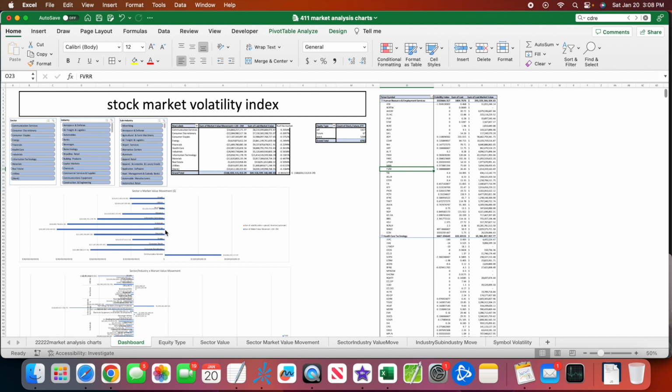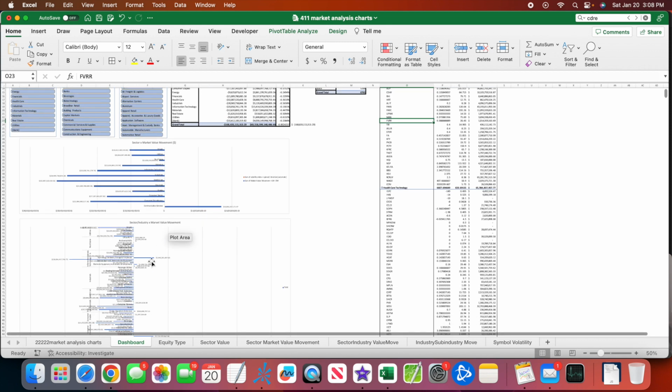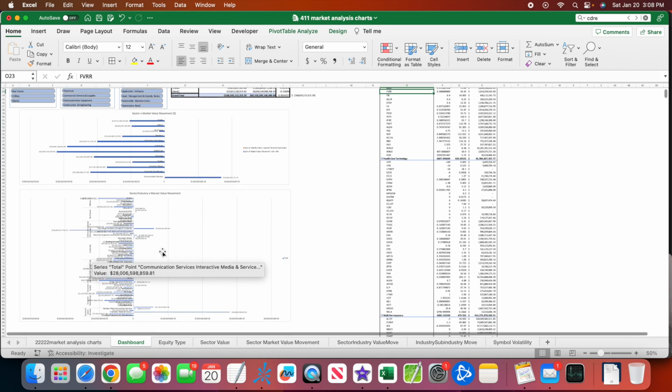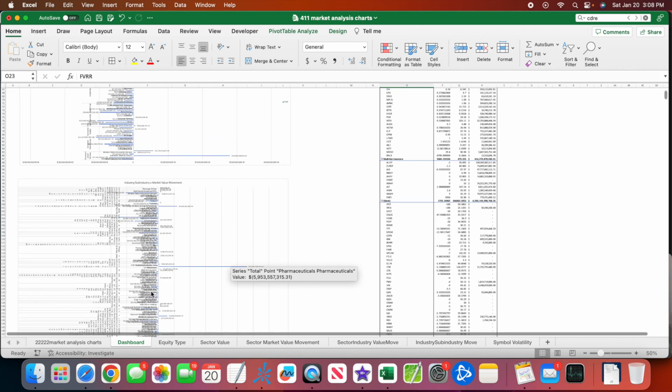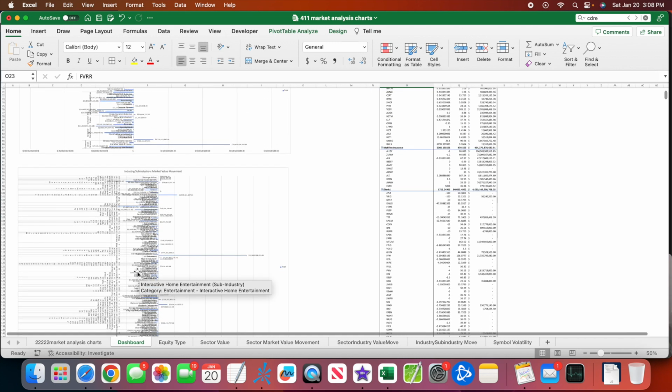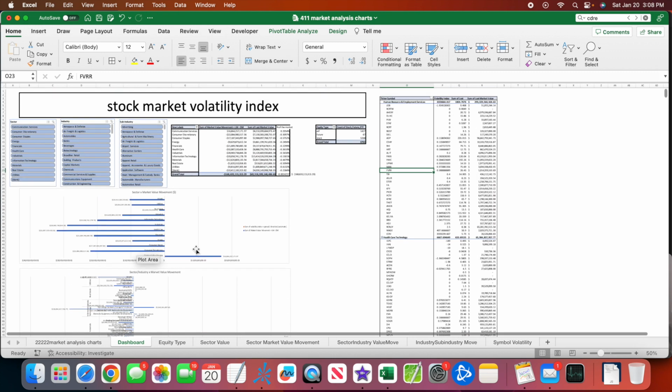Now, these are like a graphical interface for what you're selecting up here. So this is the sector, this is the industry, and this is the sub-industry. It looks really messy down here, but as soon as you start making selections, all this kind of clears up.